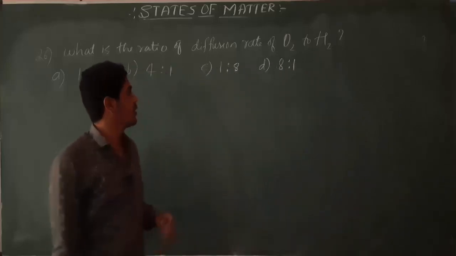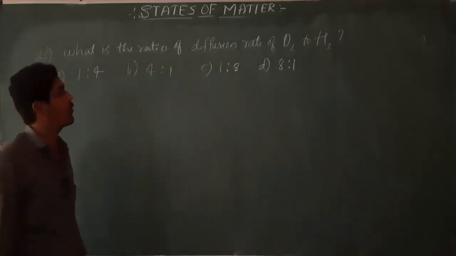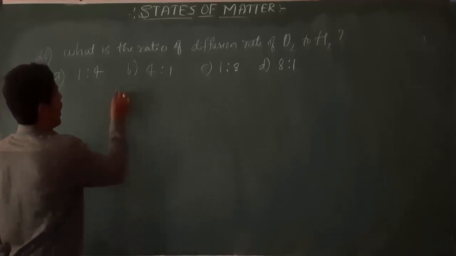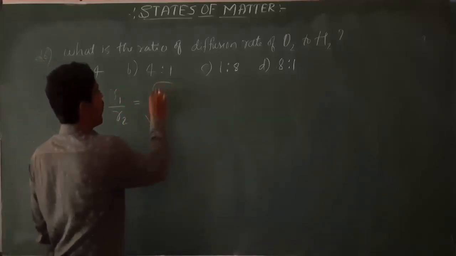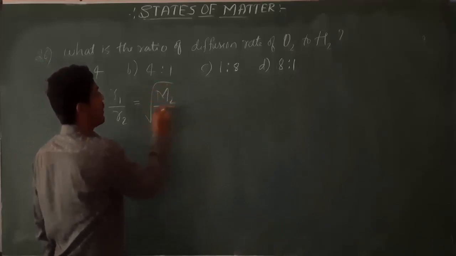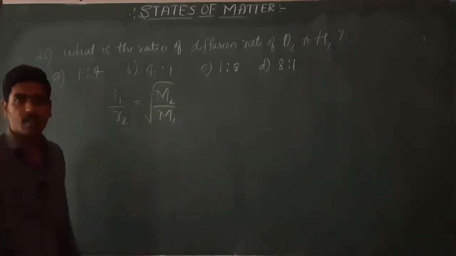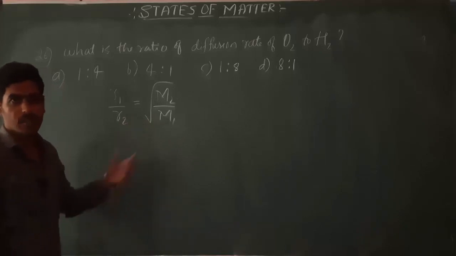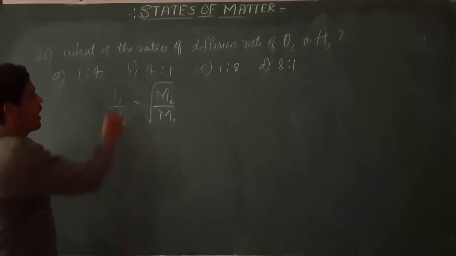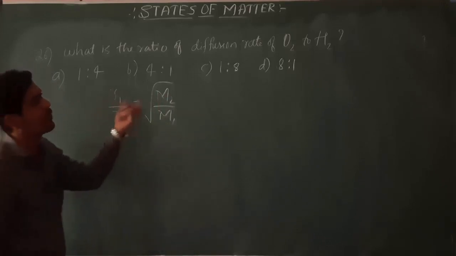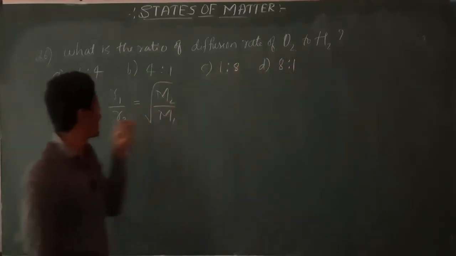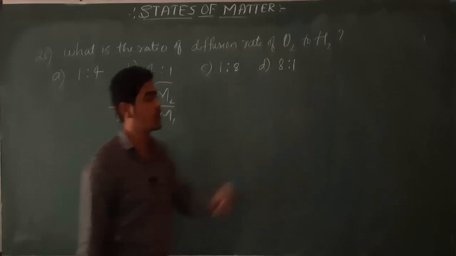So here, how do you find the rate of diffusion? R1 by R2 is equal to square root of M2 divided by M1. That you have already studied in the synopsis. R1 is rate of diffusion of oxygen. R2 is rate of diffusion of hydrogen.